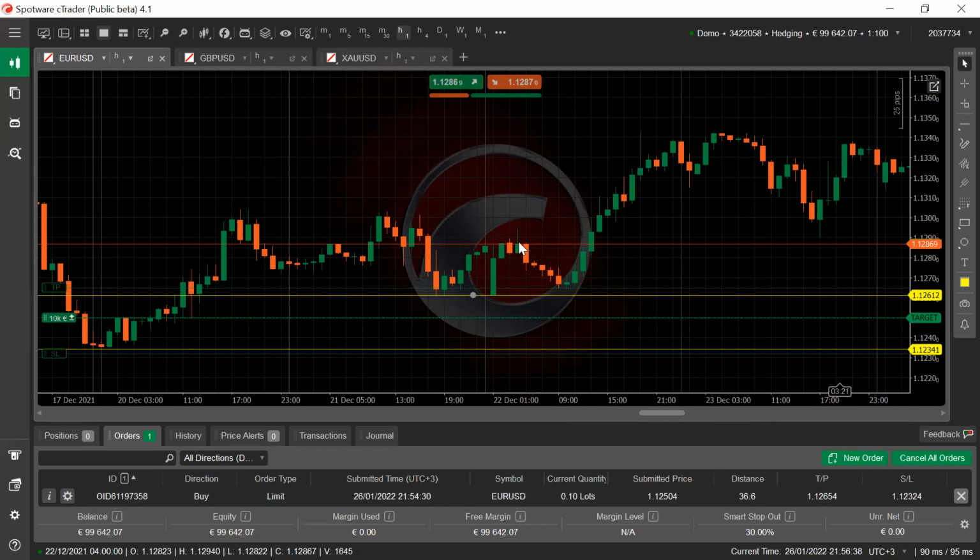It looks like the market decided from here. Well, it went down a little bit, then came back, but right here, it seems like it decided that's it, it's going to go up. So we can put the trade right here.